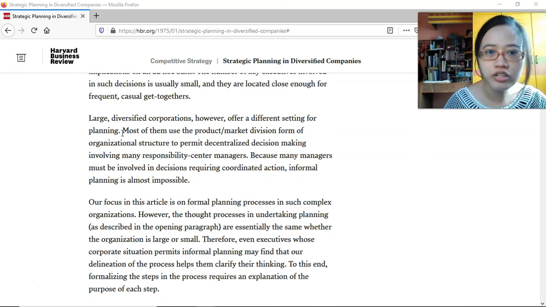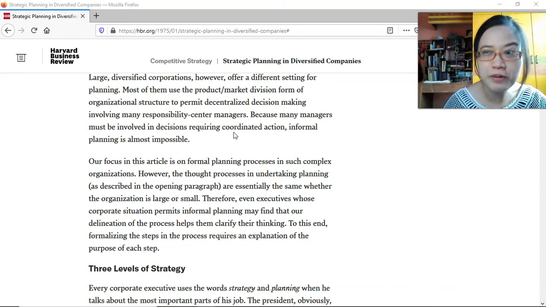But for large, diversified corporations, of course, it's harder. Especially if you are in different locations, spread all over the country. You have many branches, many stores, so it's harder. So, in a way, large corporations normally provide written guidelines or a written handbook that is followed by every manager or decision maker when it comes to their strategic planning.